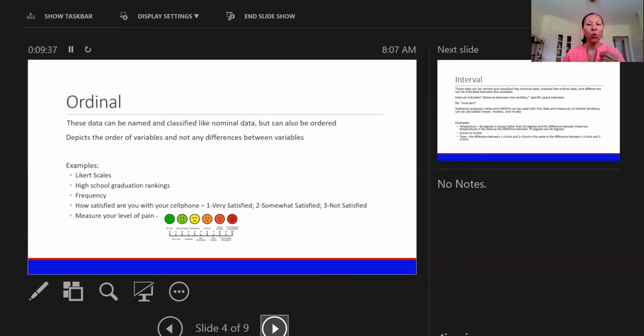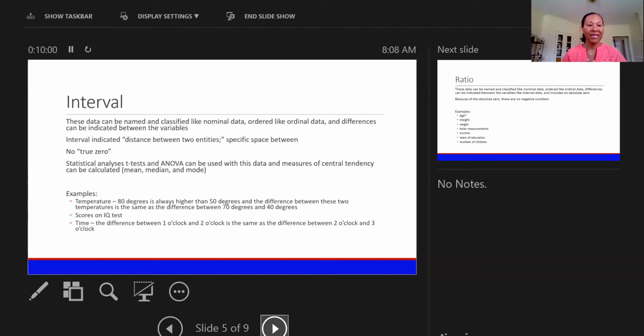But again, we don't know the specific differences between a little pain, some pain, and a lot of pain, right? So it can be ordered, it can be labeled, but we cannot identify any specific differences between those levels that we're measuring. Okay?